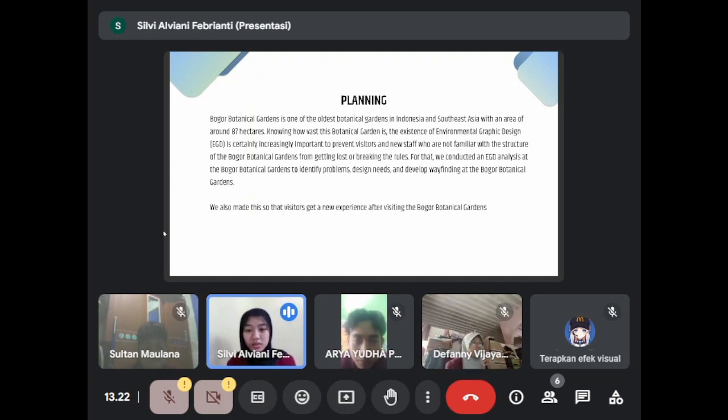For that, we conducted an EGD analysis at the Bogor Botanical Garden to identify problems, design needs, and develop wayfinding. We also made this so that visitors get a new experience after visiting the Bogor Botanical Gardens.